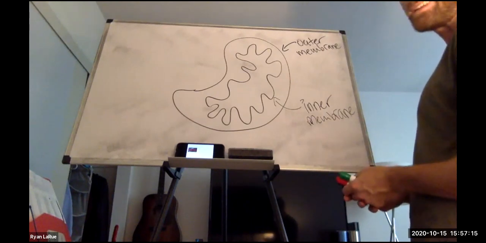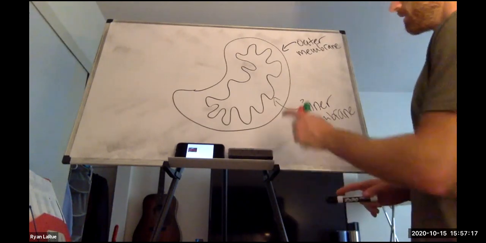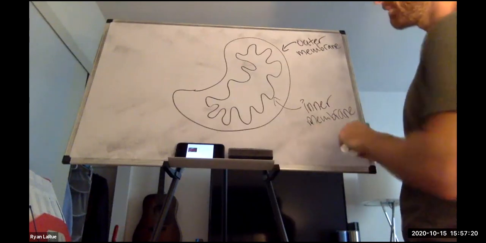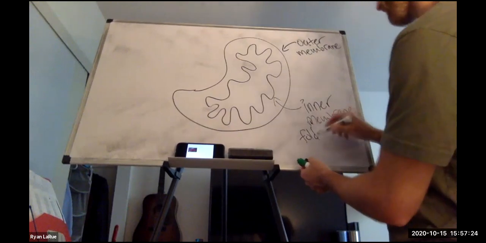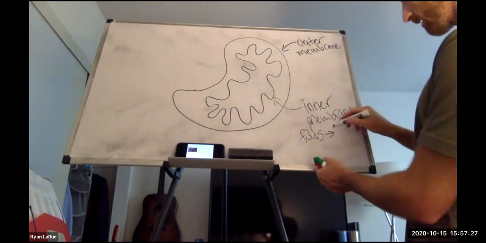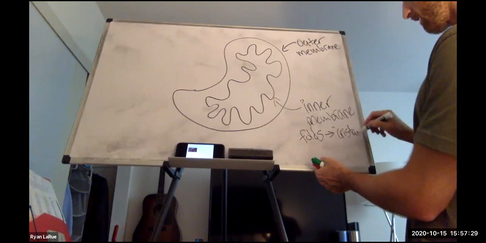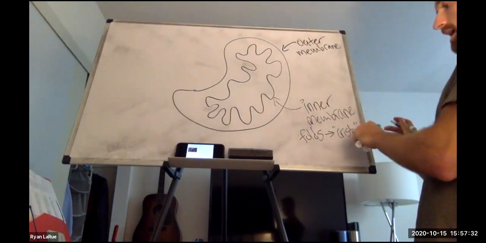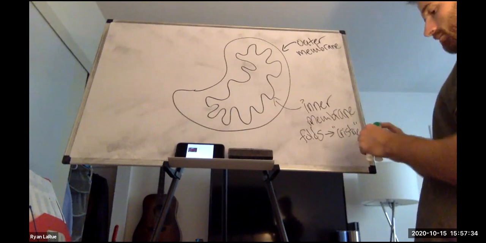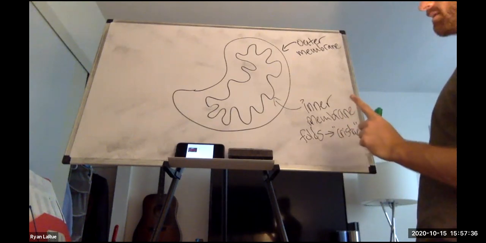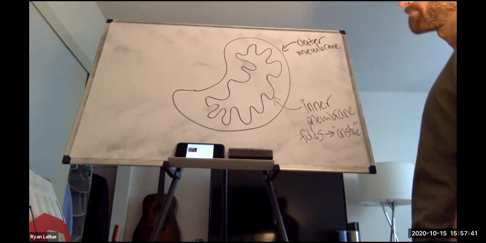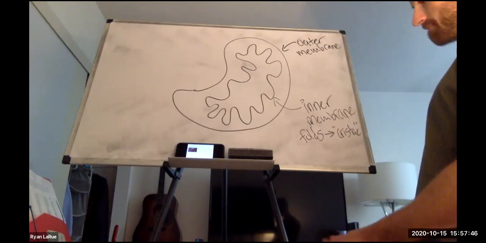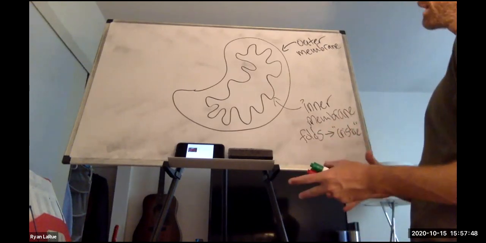Just because there's not enough fancy biology words, the folds we call cristae, C-R-I-S-T-A-E. I think a single one is a crista. So, double membrane.